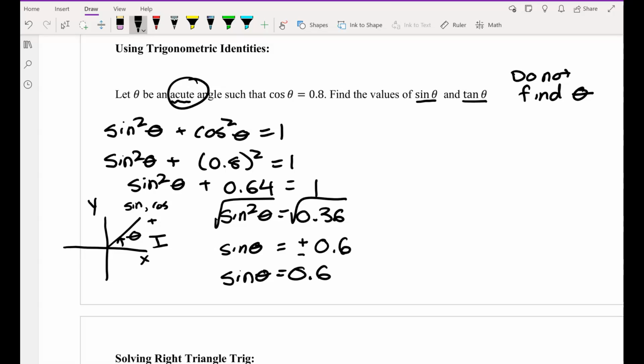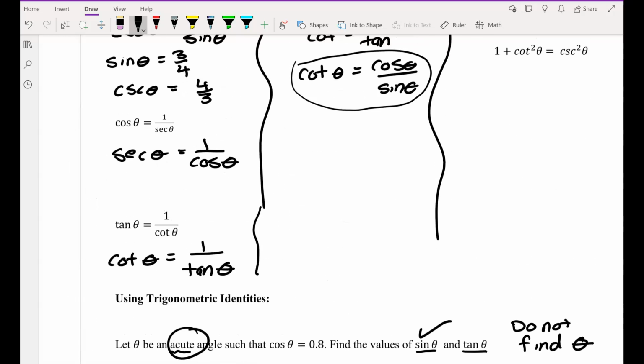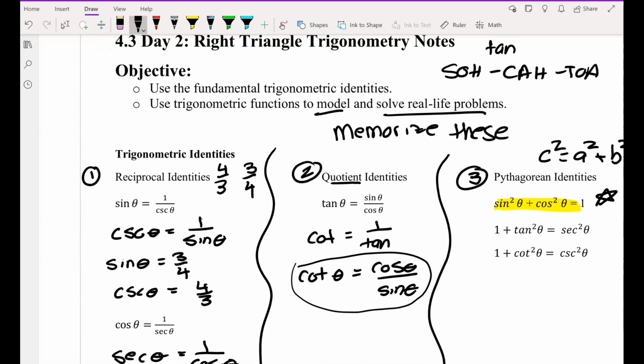All right, I've got sine of theta. That's one of the two values I need to find. The other one is the tangent of theta. Now I have some choices. If I wanted to, I could go back and say, oh look, here's tangent squared theta right in here. So I could grab 1 plus tangent squared theta equals secant squared theta, and then I would have to remind myself that secant is 1 over cosine.